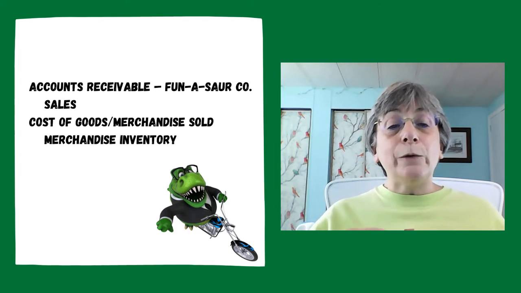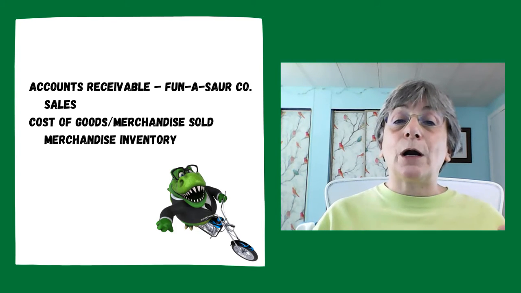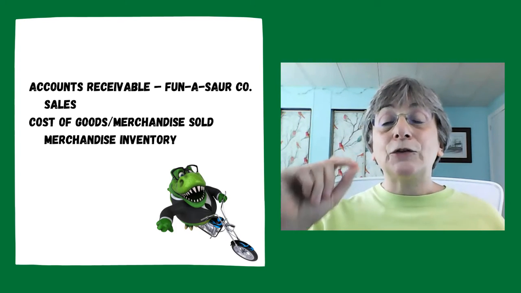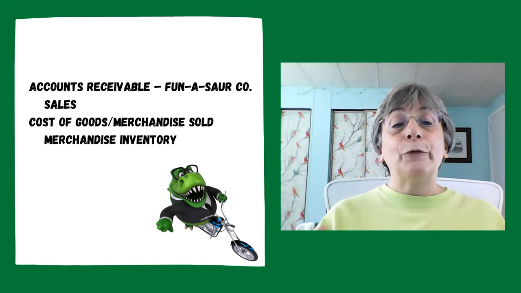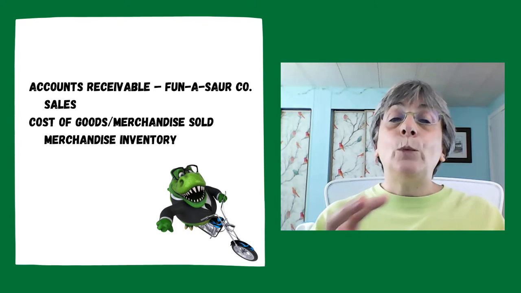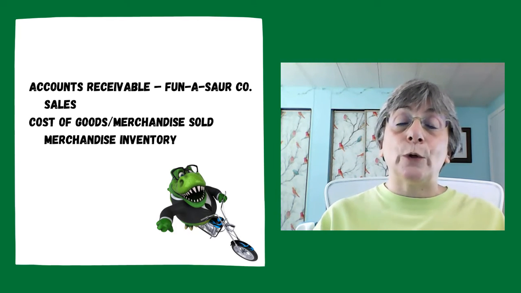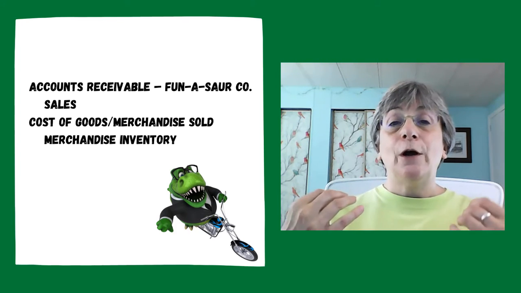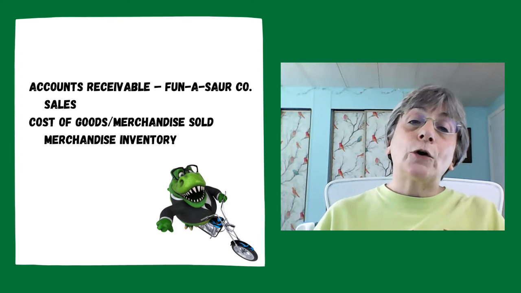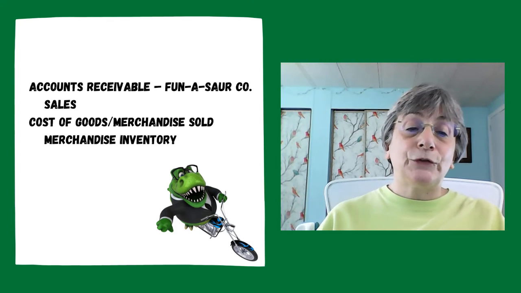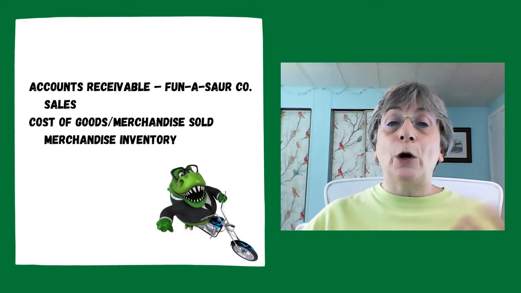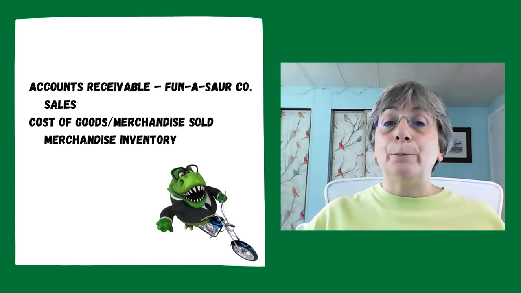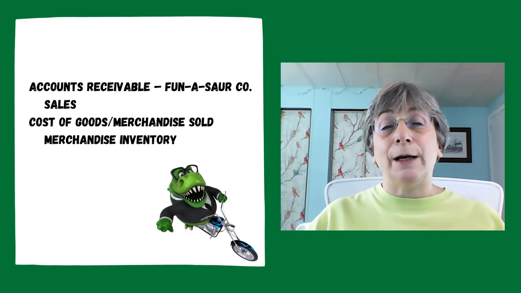In real life, we would be creating invoices for our customers under that customer's name directly. But for the purposes of accounting class, we tack on a name in our journal entry line. So we're going to say accounts receivable dash Funosaur Co., and then our credit side is going to be sales. And then of course we would do our cost of merchandise sold and merchandise inventory piece of that entry as well.